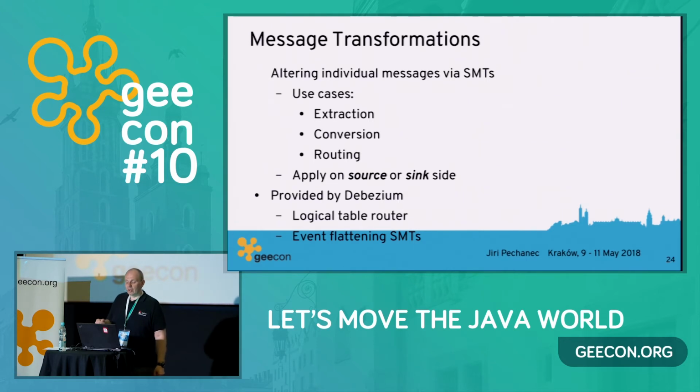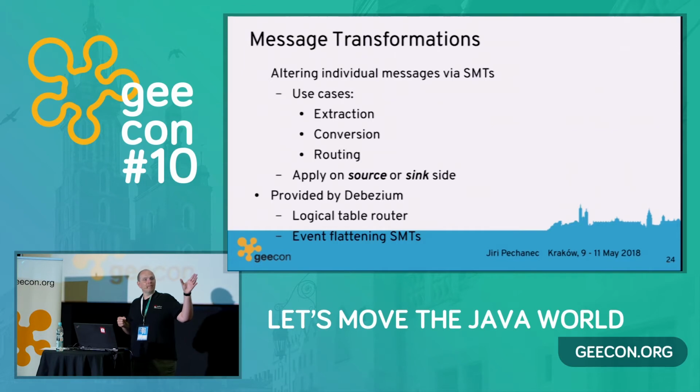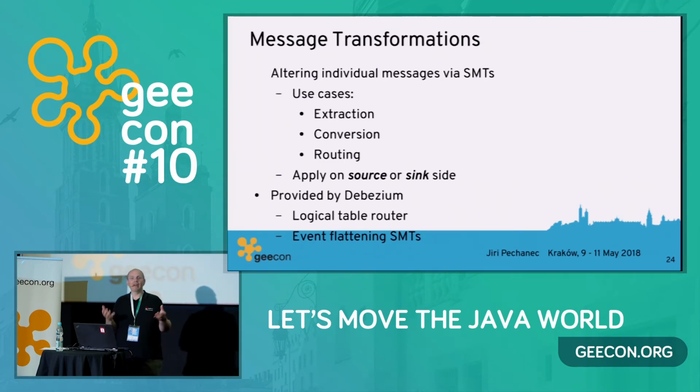The other two SMTs are so-called event flattening SMTs. Again, why do we need them? I have shown you an example of how the message looks. It's a complex data structure that contains the state before the change and after the change. This is great because you have all information available. It's always better to provide more information than less. The problem is that downstream sink connectors are not able to work with such a format.